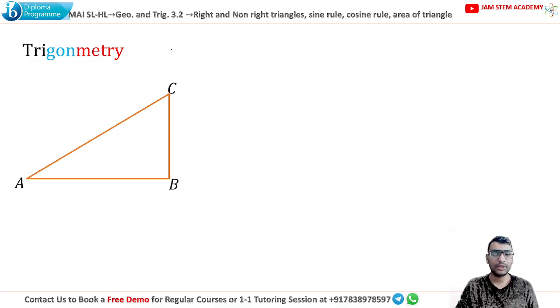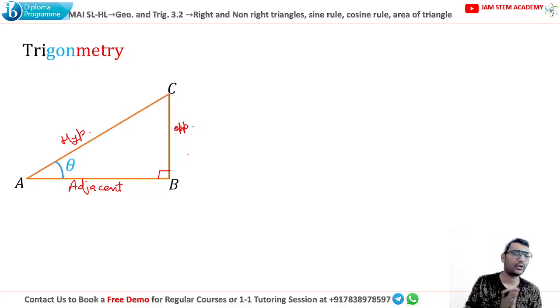Now consider an angle theta here at A. Corresponding to this theta, the side opposite to theta, this side BC, is called the opposite side. This is the hypotenuse, the longest side of this right angle triangle, and the base in this case is the adjacent side, which is adjacent to the angle theta.